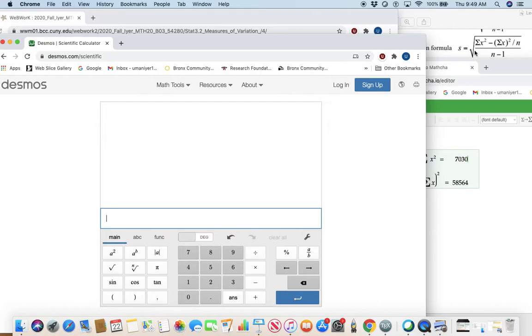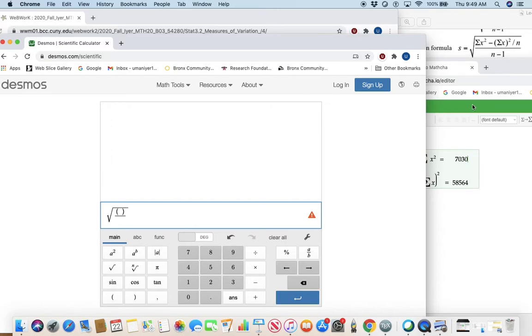So repeat, square root of something over something. What is the bottom? N minus 1.